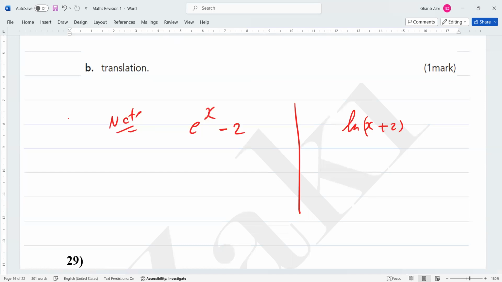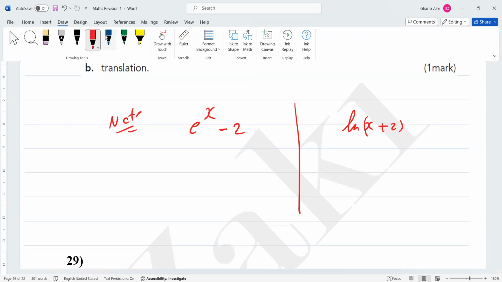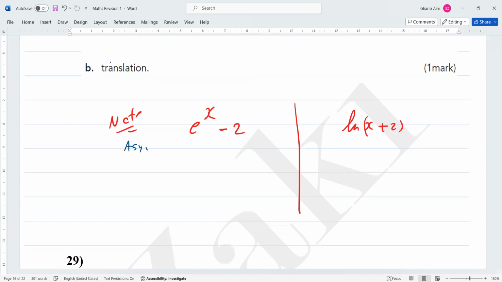Here, the asymptote is y equals 2, okay? Then when we draw this one, the asymptote is y equals negative 2. It's down here, y equals negative 2. And this is x, this is y. This is the asymptote and the curve looks like that.